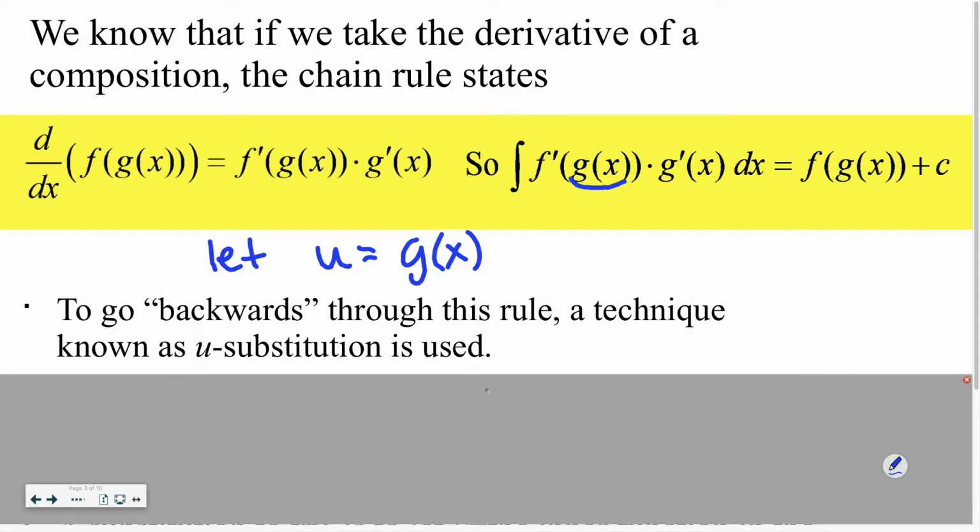We can't think of the chain rule in terms of taking antiderivatives. It just doesn't work the same. U substitution is our chain rule for antiderivatives. Okay? So this is how it's going to work.